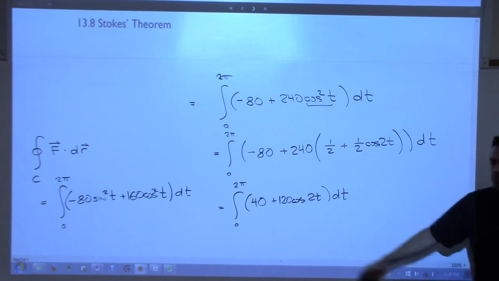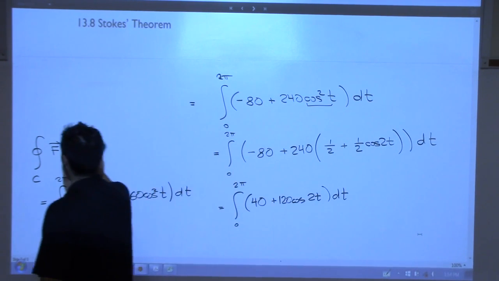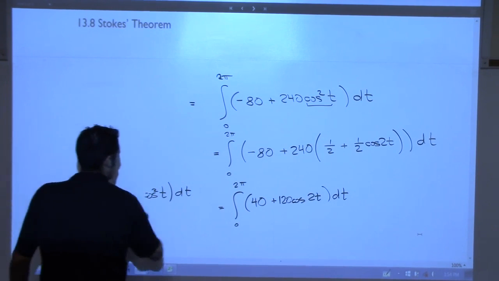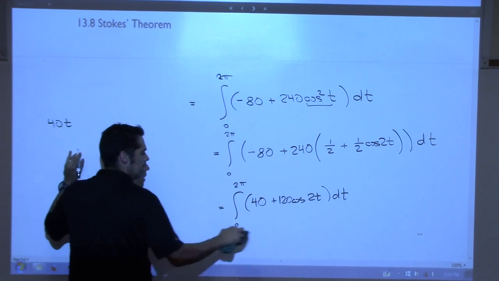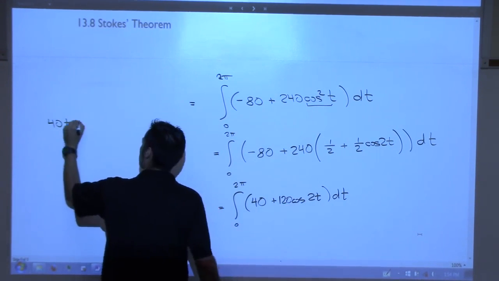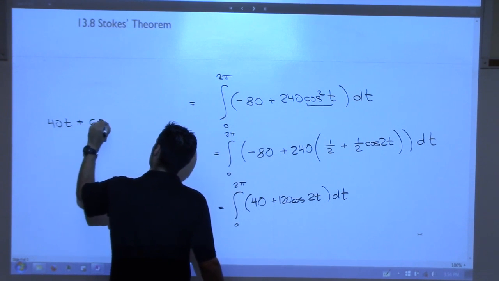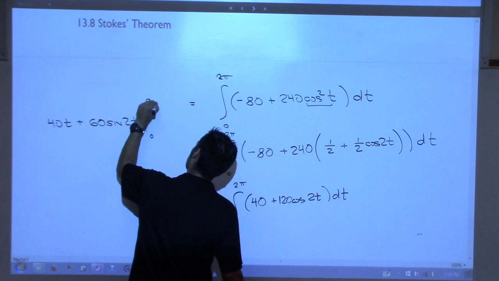Right? All right, ready to integrate, finally. Antiderivative of 40 is 40t. And then here, antiderivative, you got to do some scaling. It's going to become like 60 sine 2t, and I'm evaluating 0 to 2 pi.